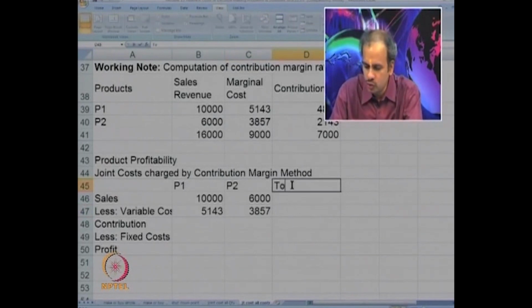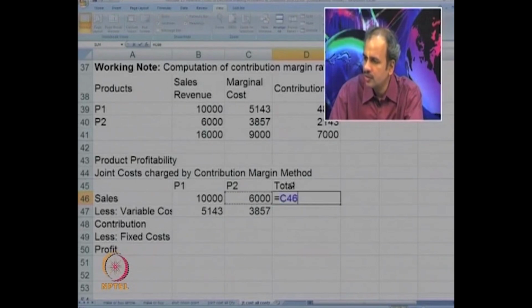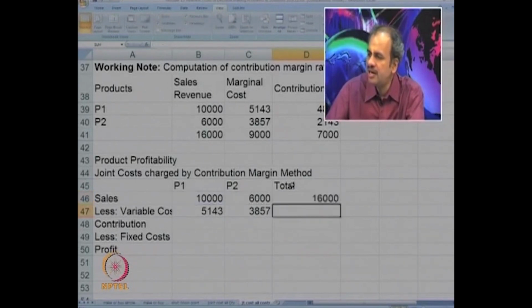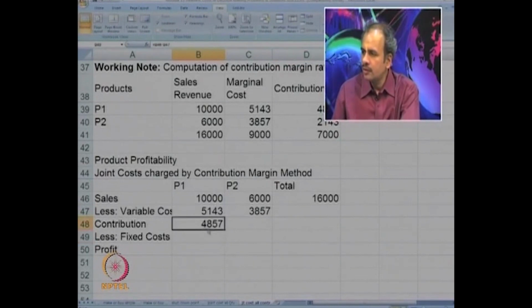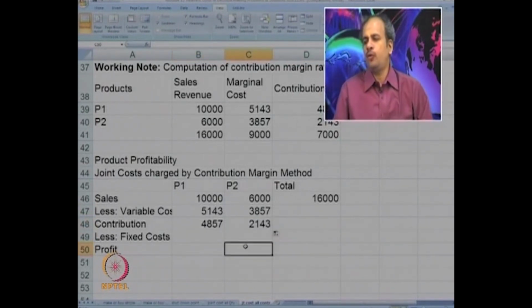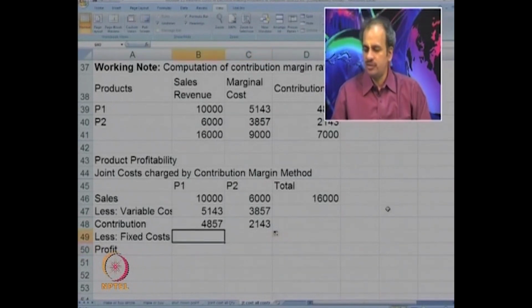We will also do the total parallelly. We have already done it, but I am just showing it more clearly. So, now we get 4857 and 3123 as a contribution.